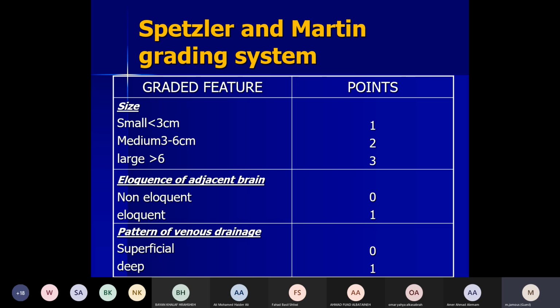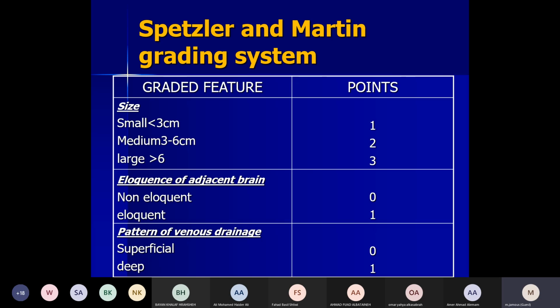Based on the size of the AVM, mainly the nidus, the location of the nidus, and the venous drainage pattern, we have the Spetzler-Martin grading system for AVM, which grades the AVM from grade 1 to grade 5. This is important for management.